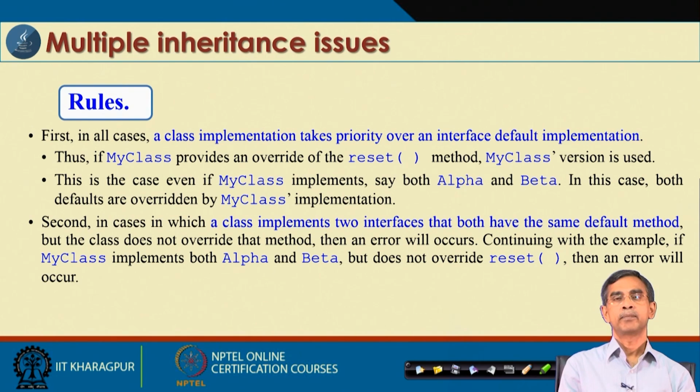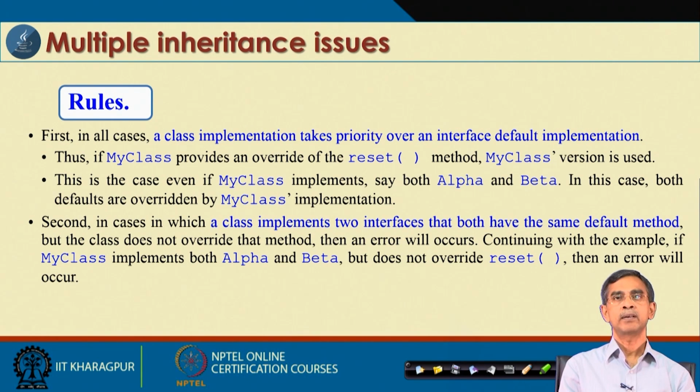Now, a few things are to be carefully noted. First of all, suppose the class implements two interfaces I1 and I2, and there is a method, say m, which is declared in both interfaces. Then in the implementing class, which methods need to be implemented?